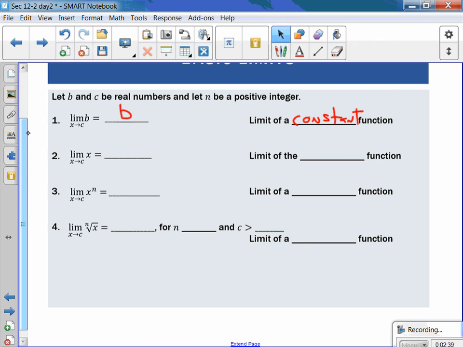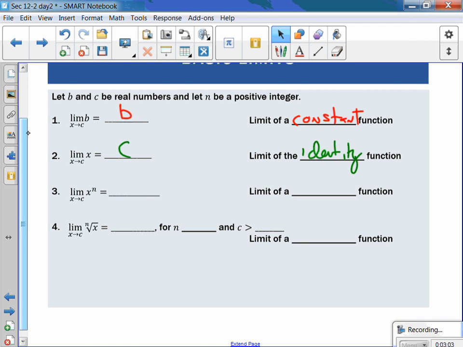Here we have the limit of x as x approaches c. What are we going to wind up with here? Absolutely. Just direct substitution. The limit of x is going to equal c. And this is just my identity function.